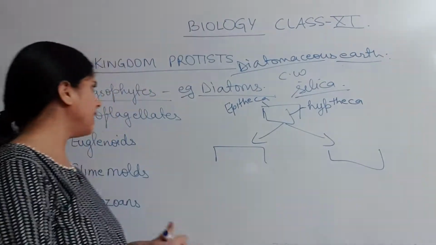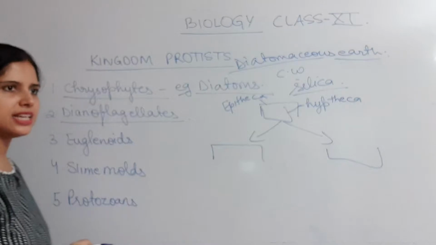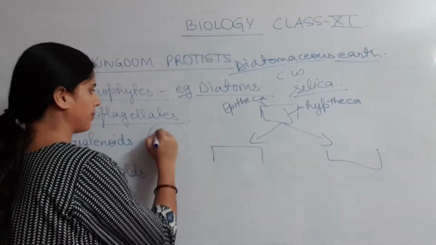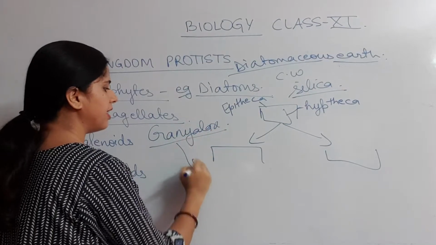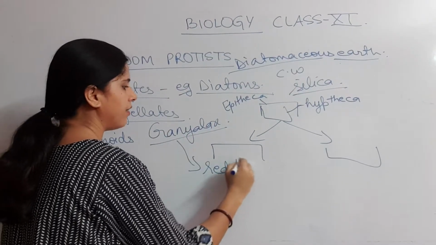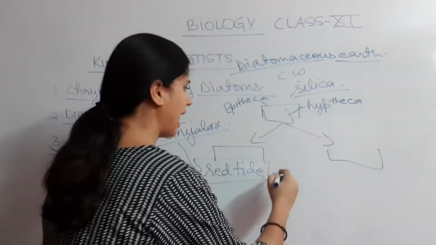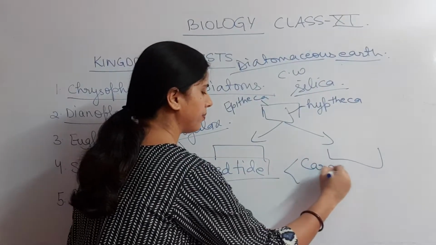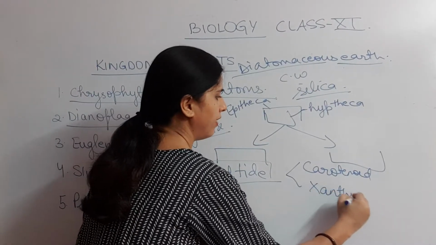Okay, next is the dinoflagellates. An example of these dinoflagellates is Gonyaulax, which causes red tide because of the presence of pigments, that is carotenoid and xanthophyll.